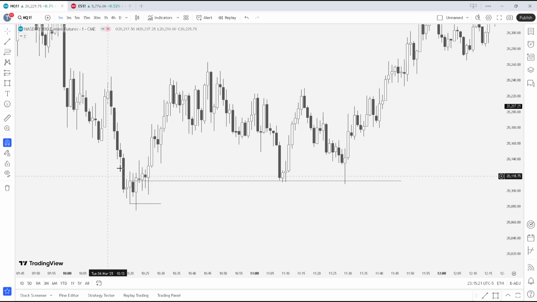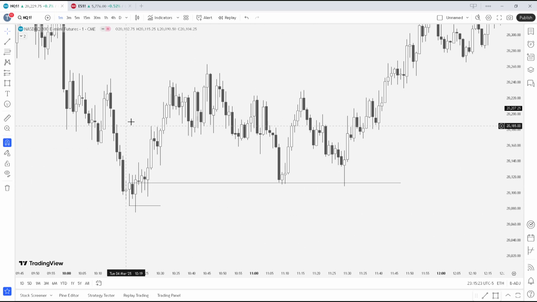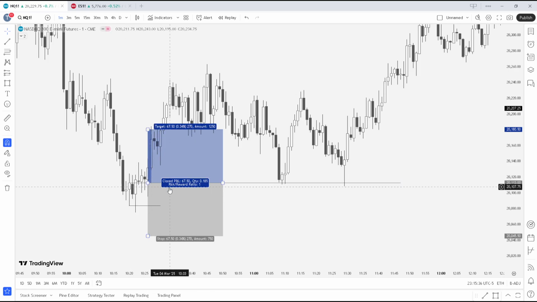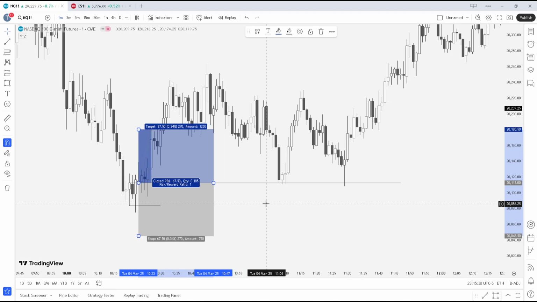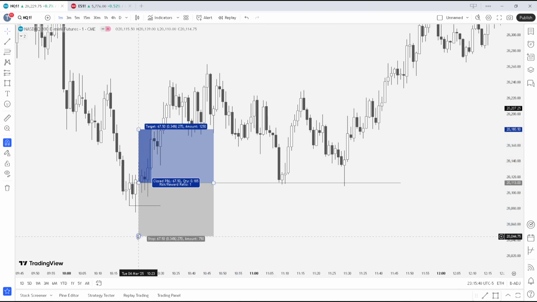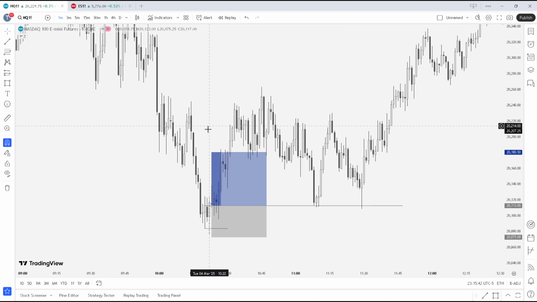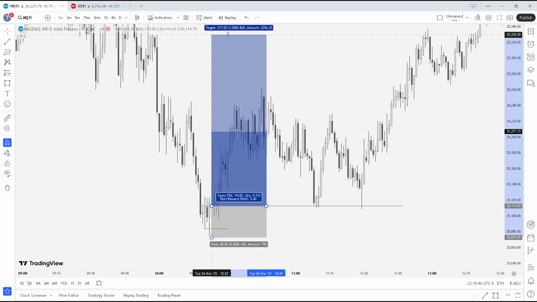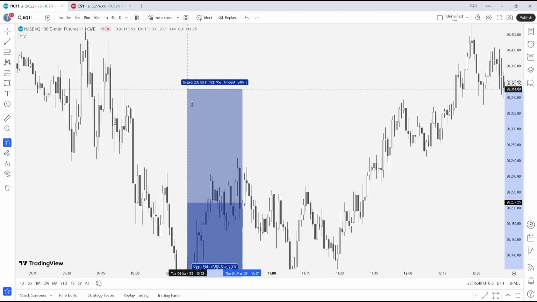But anyways, this is your breaker, and when you want to enter off of a breaker, you could take an entry right here. Once we close above, that would be your sign that this is a breaker. So you could take an entry right here after it closes above, put your stop loss below the candle low, and then just target buy side like this, or up here, something like that.